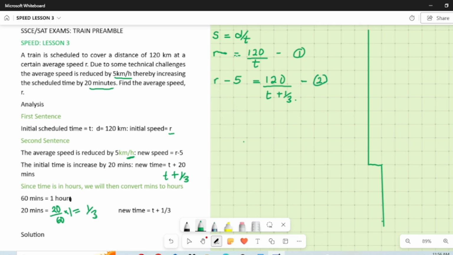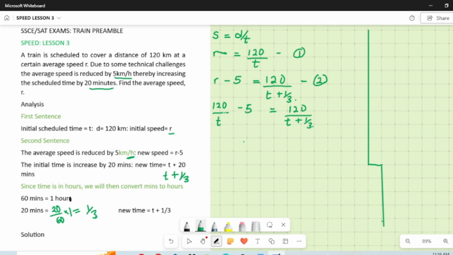In equation 2, we can substitute the r from equation 1. So our r is the same as 120 divided by t, minus 5, which is equal to 120 over t plus 1/3.